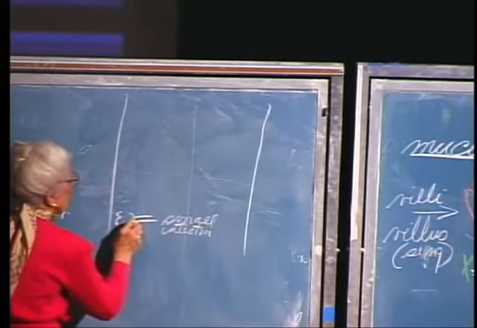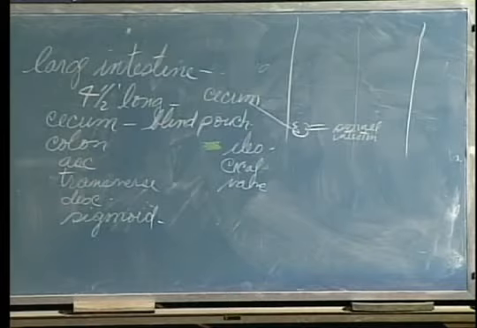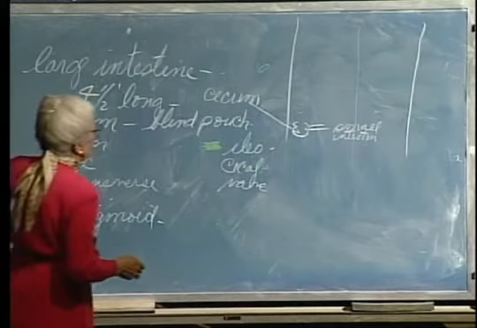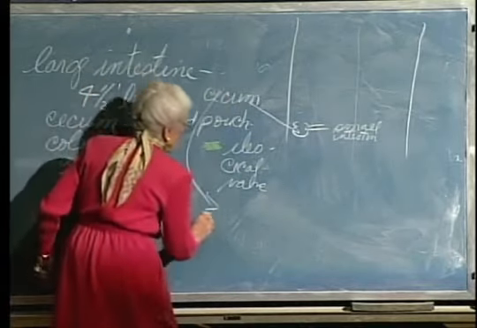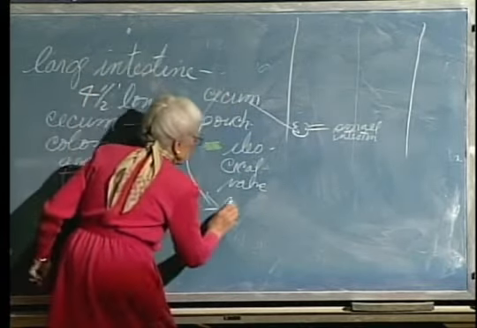Its wall, like the ileum, is also filled with lymphocytes, many lymphocytes. And it has a small structure coming off of it.